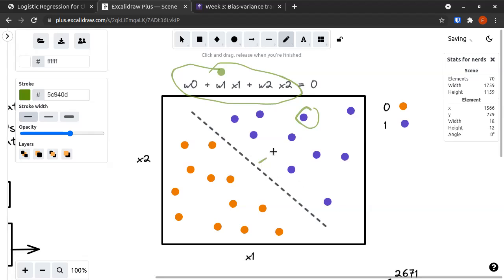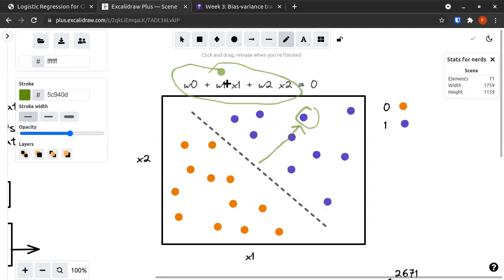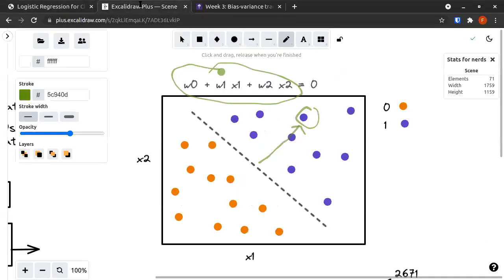And that's because this point is relatively distant from the separating hyperplane. When this value is large, the value of the sigmoid is close to 1. So if we take this equation of the line as z, put it into a sigmoid, and use that sigmoid to predict the probability of the class being 1.